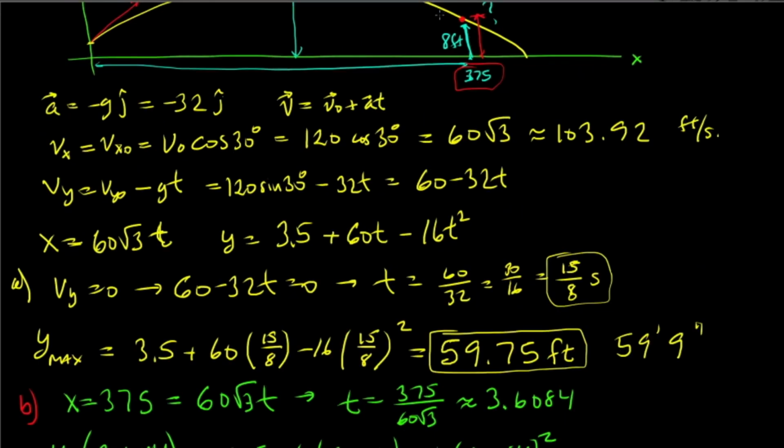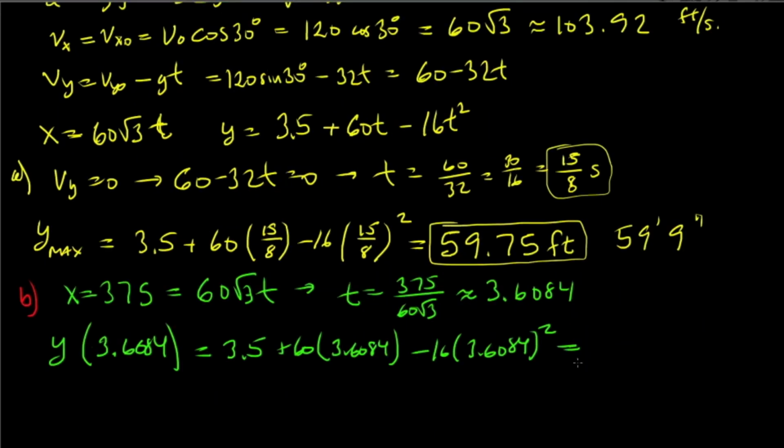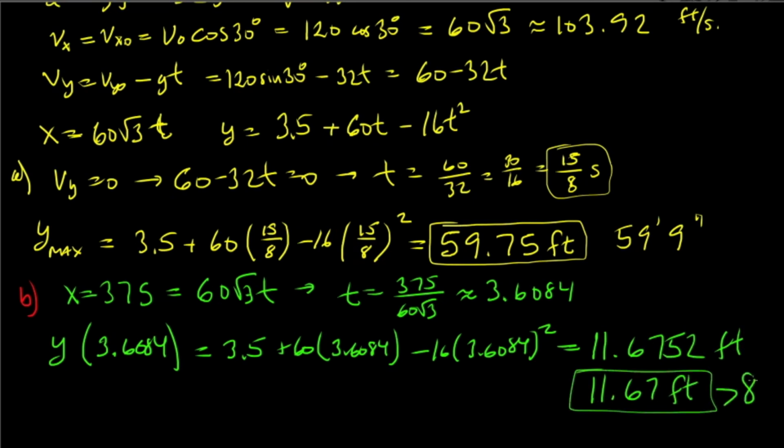And if it's exactly 8, it kind of just bounces off the top of the fence, I guess. It's not exactly 8. It's actually 11.6752 feet. Whether you round to the nearest hundredth doesn't matter. So this is definitely bigger than 8 feet. So the answer to part B is yes, it clears the fence.